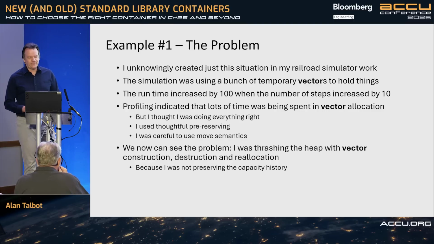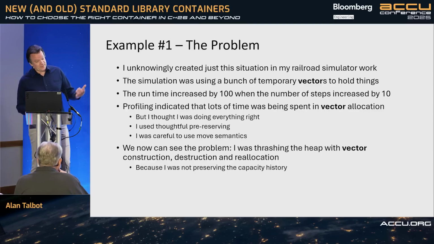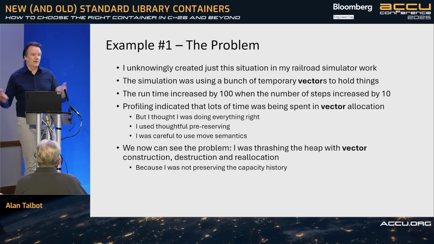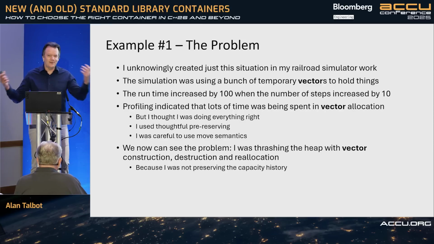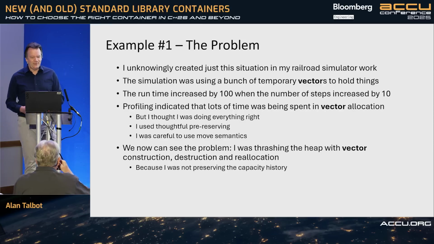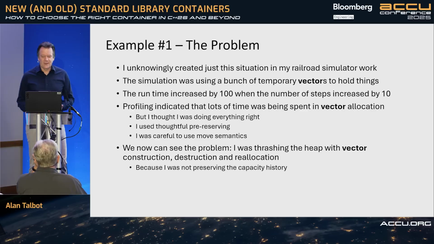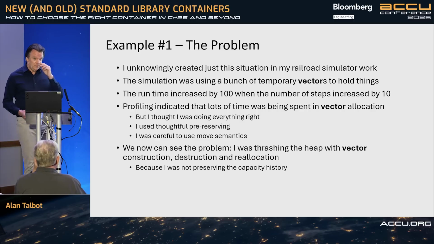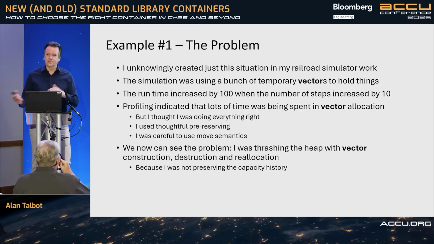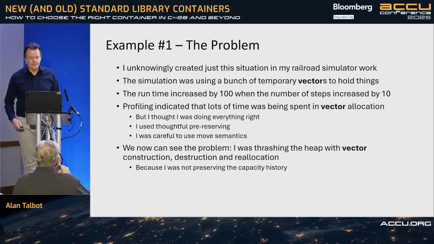So I profiled, and the time was being spent in the vector allocation, but I was doing everything right. I was reserving. I was being careful to move things. What was going on? I think we can see the problem, right? I was thrashing the heap with all these vector creations and deletions and growths.